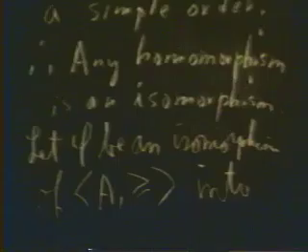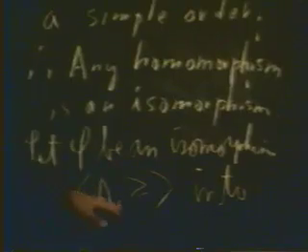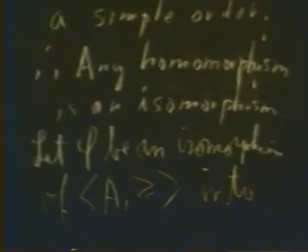function. So let's suppose that we have, for this lexicographical ordering of the plane, an isomorphism phi of the ordering into the order structure on the real numbers, that is, into the pair, the set of real numbers, and the natural ordering relation equal to or greater than.